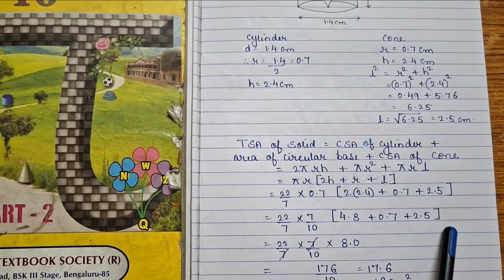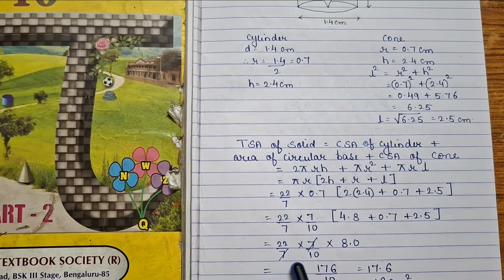After simplifying this, what we get here is 22 upon 7 into 7 upon 10 into 8. And here in these problems, wherever we come across the decimal, now here it's 0.7, always prefer to write this 0.7 or whatever decimal you get with the denominator 10, 100 as per the required number. So here this 0.7 we are writing as 7 upon 10.